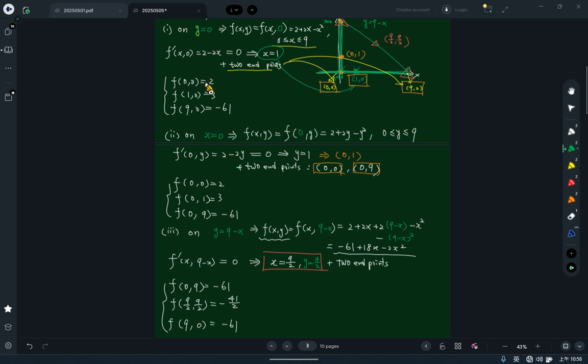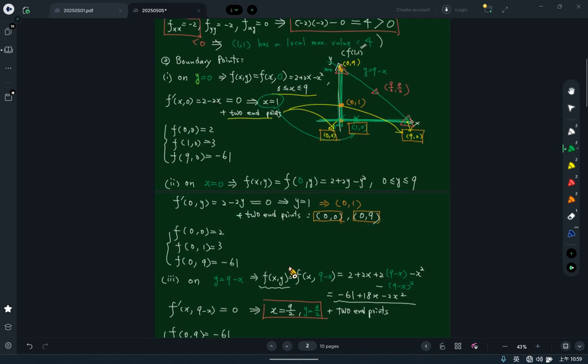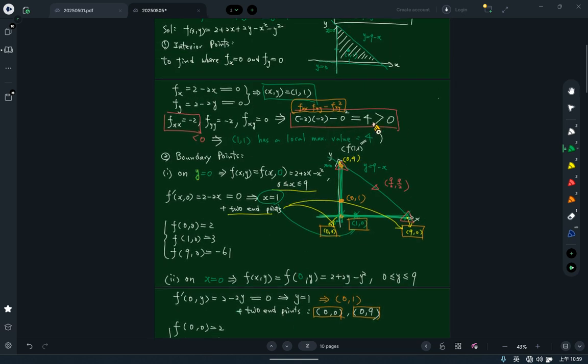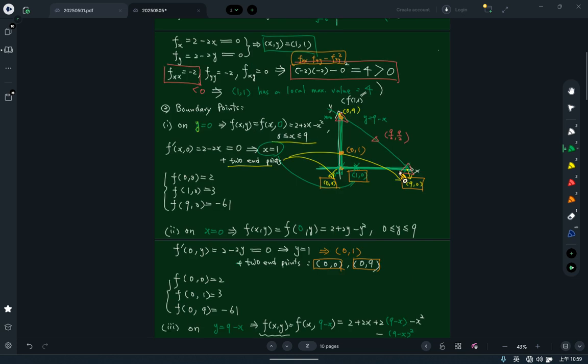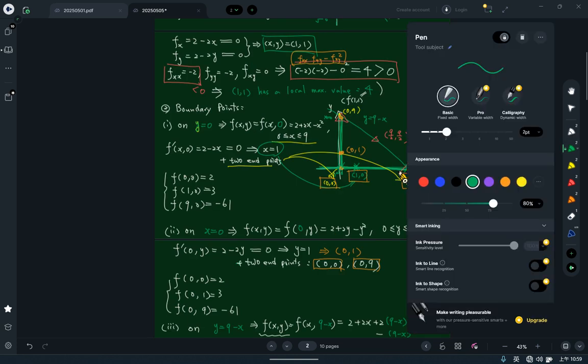So you can see this is 2, 3, -16. So then this is 2, 3, -16. Then -16, -41/2, then -16, 61. Don't forget, we still have this one inner point here.